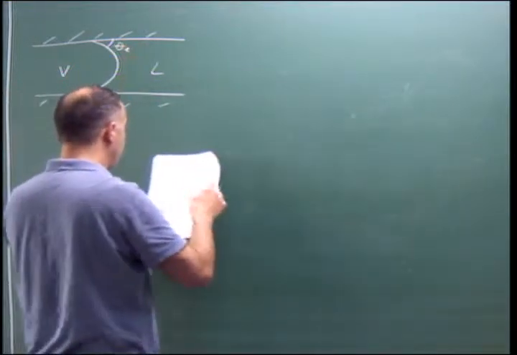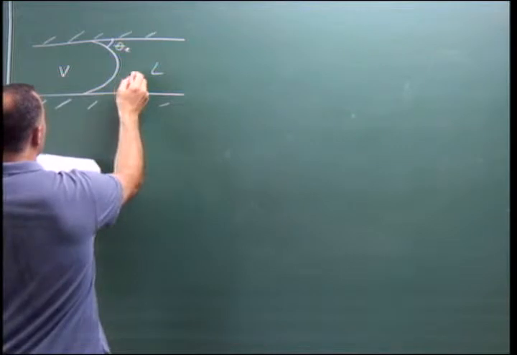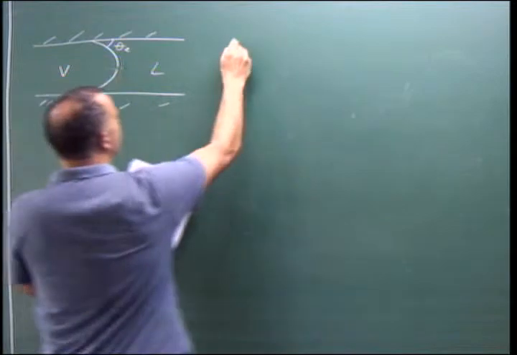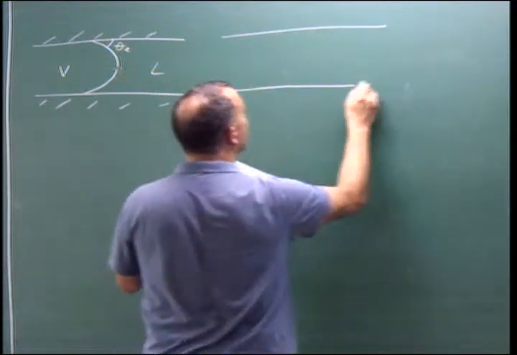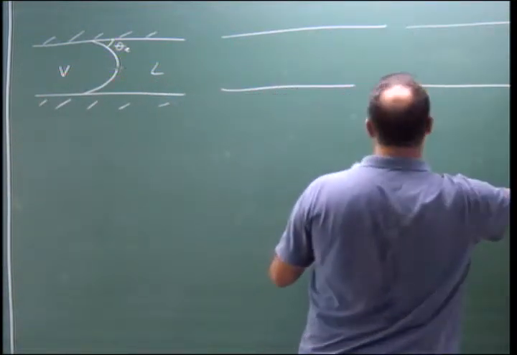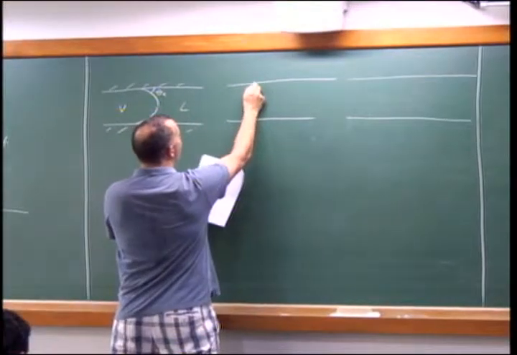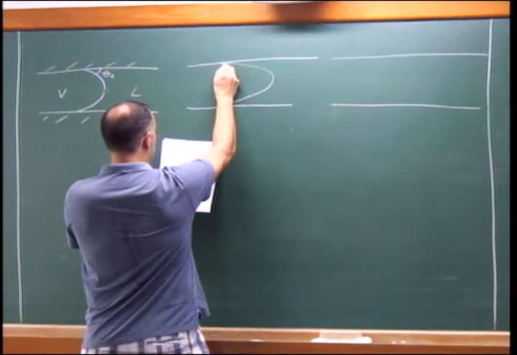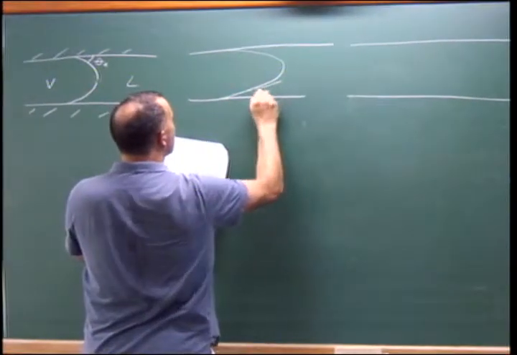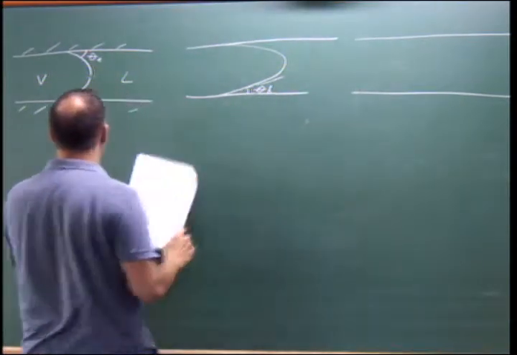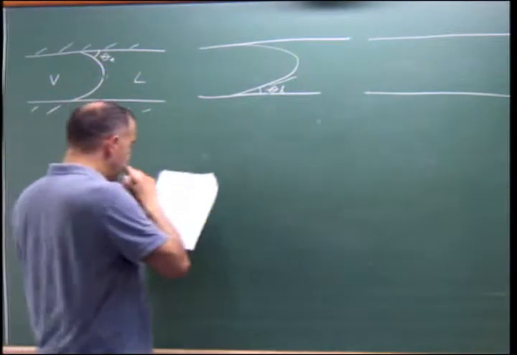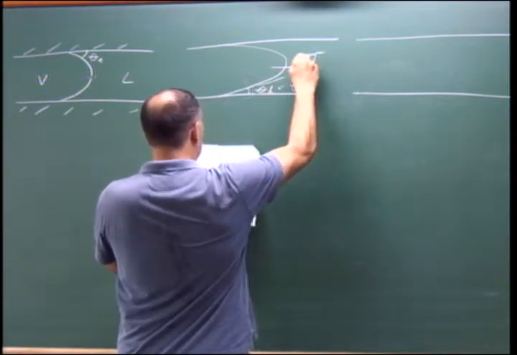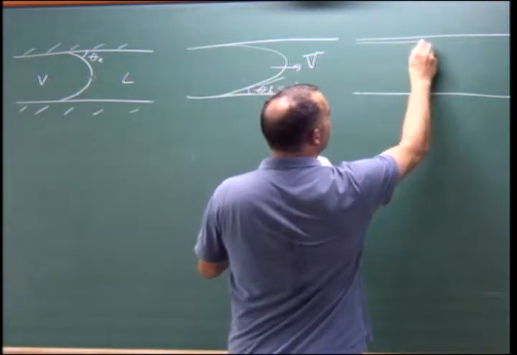We have a static value here, and then if we start driving the interface, we get a situation where we get a contact angle theta d, which is less than theta e. And at higher speeds, you'll leave a film behind.